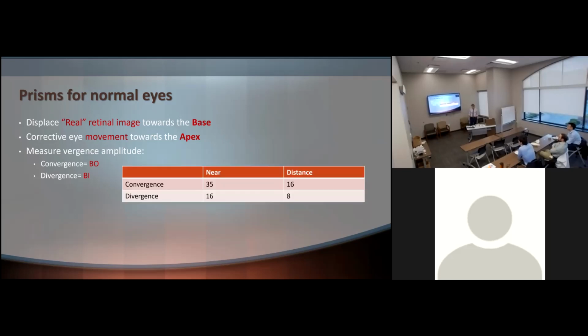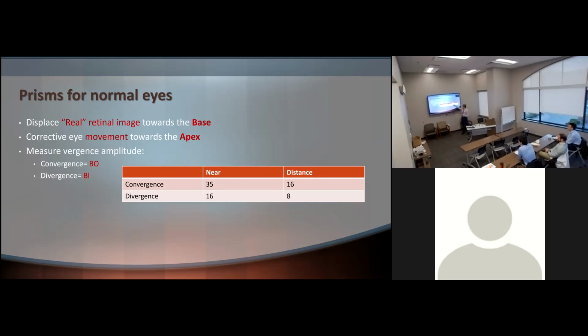And these are the normal values for convergence amplitude. I memorize it in the fact that we know that we have stronger convergence than divergence. And convergence is stronger at near than distance, right? So the maximum convergence normally is around 35 to 45 at near. Half of that number is our normal convergence amplitude at distance, roughly.